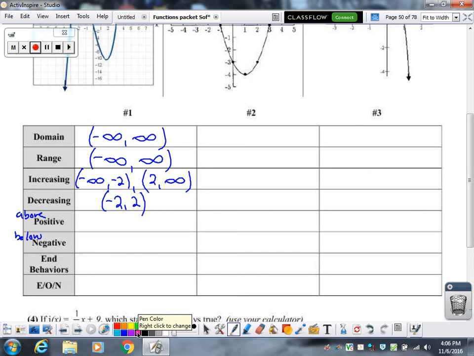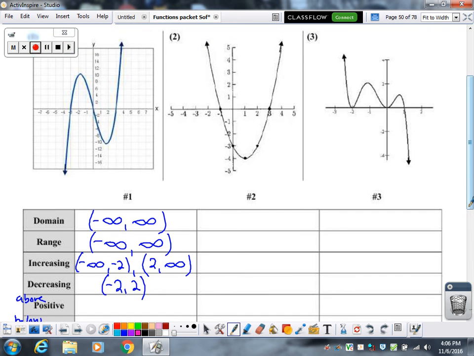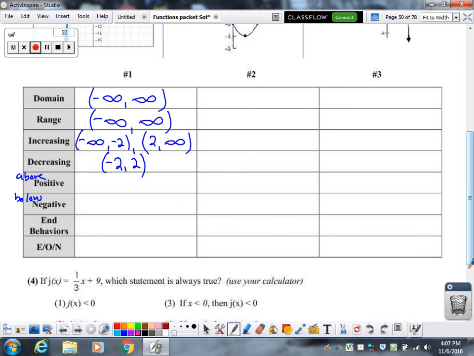So positive, where is it above? It's above the axis from here to here, and then it's above the axis again there. So those two intervals are from -3 to 0, and then from 3 to infinity, it is also above.